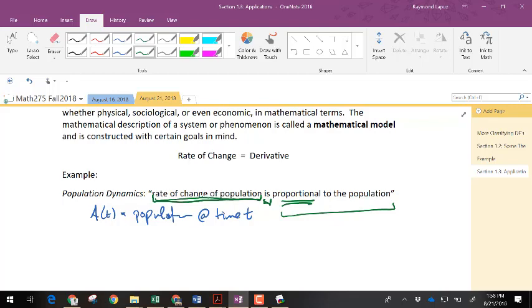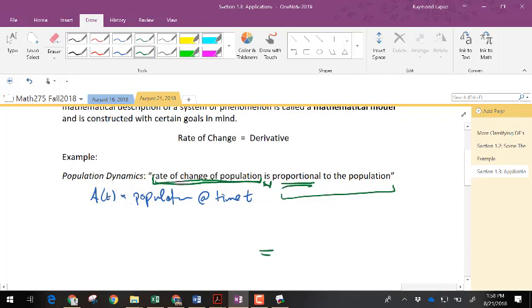The rate of change of the population is proportional to the population. So the "is" is an equal sign. The rate of change of the population is what? The derivative. Call it dA dt or A prime of t.